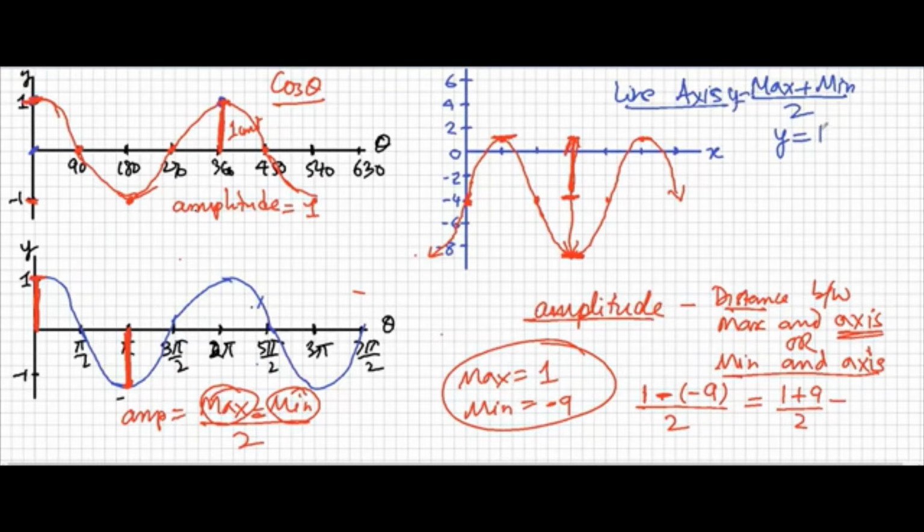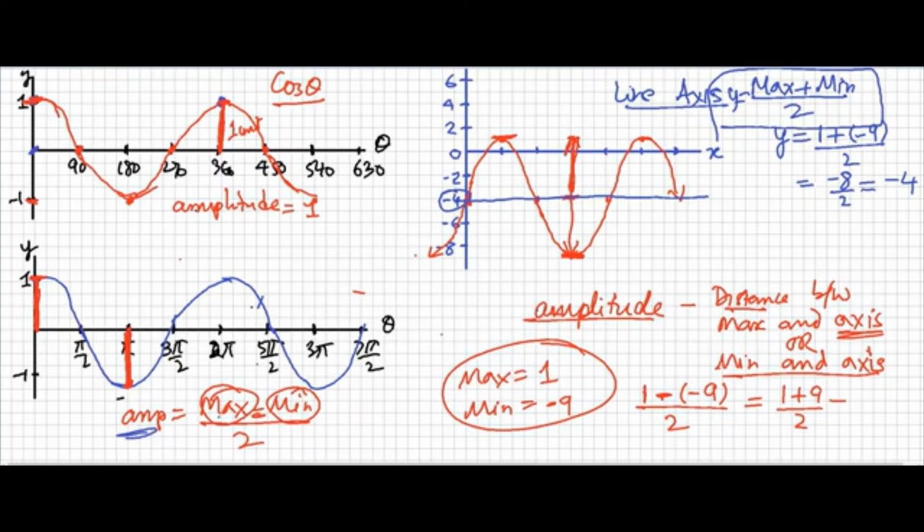So maximum is 1 plus minimum is -9 divided by 2. That comes out to be -8 divided by 2, which is -4. And we saw that this is the axis. -4 is the axis of this particular example. So to find the axis, this is the formula. Maximum plus minimum. Amplitude was maximum minus minimum.